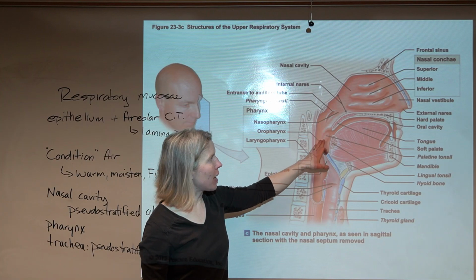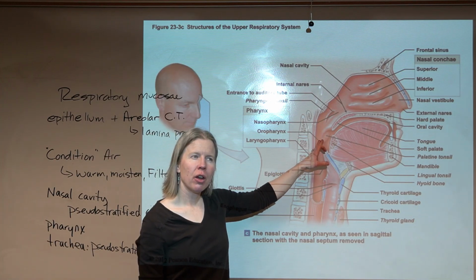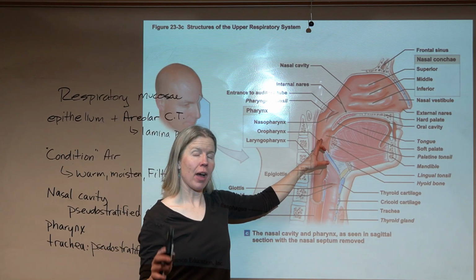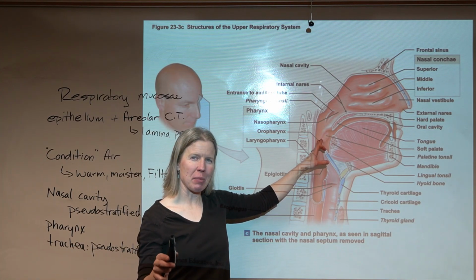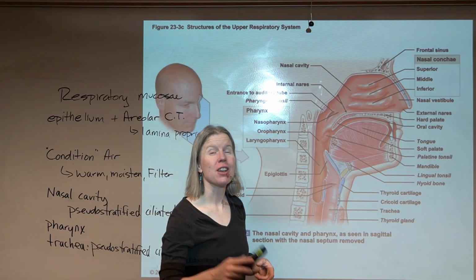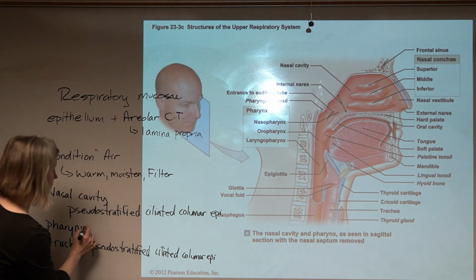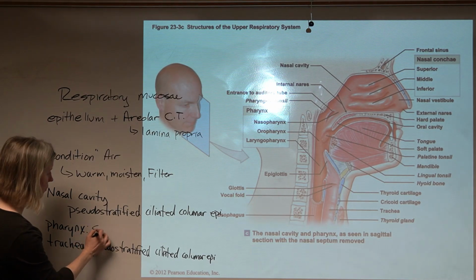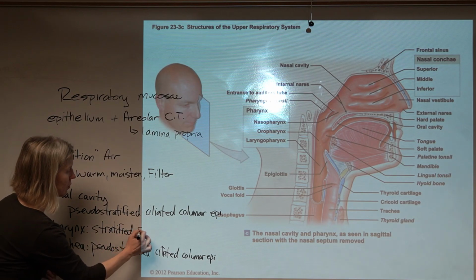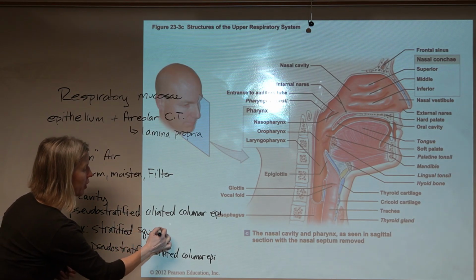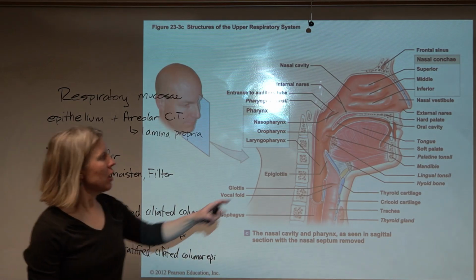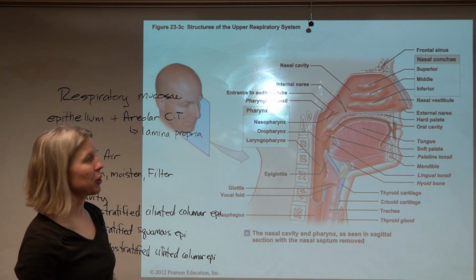So this region in the back of the throat, the back of your mouth, could be exposed to tortilla chips. And so that should tell us something about what we need from the epithelium. It needs to be tougher. It needs to be what? Stratified squamous. Right, so if you think through the function, you probably get there, right? Stratified squamous epithelium for protection.